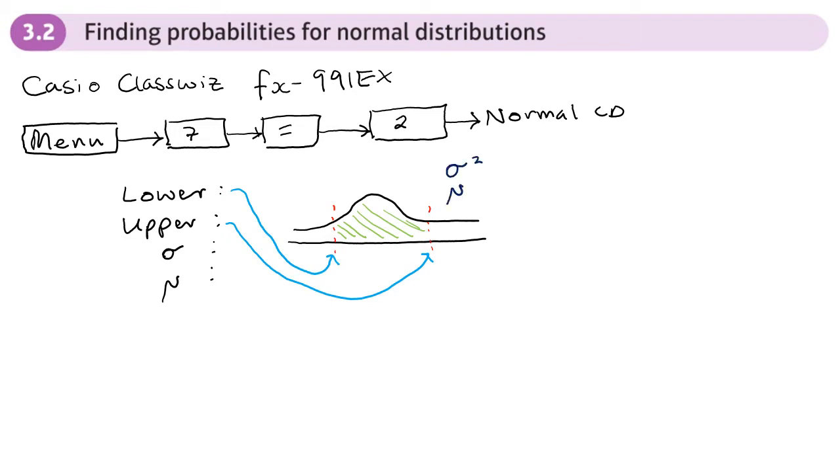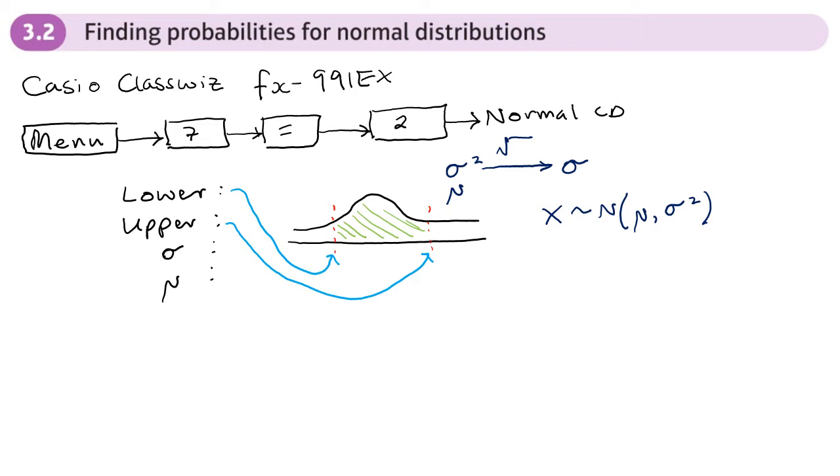Just watch out that when we write down a normal distribution, remember the two parameters, the two numbers you need are the mean and the variance. So take care that whatever number you see in that bracket, you square root it, the positive square root, to get the standard deviation.